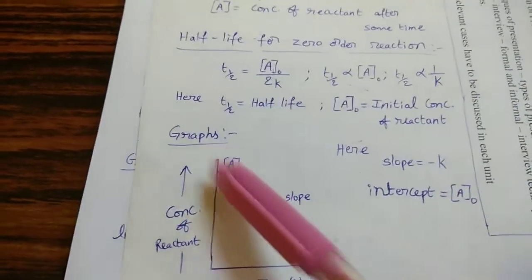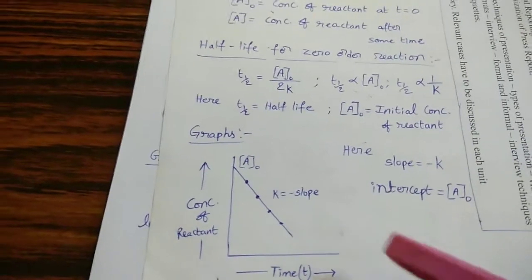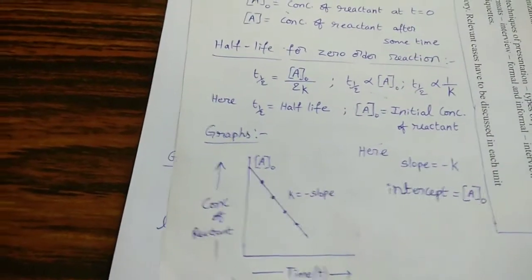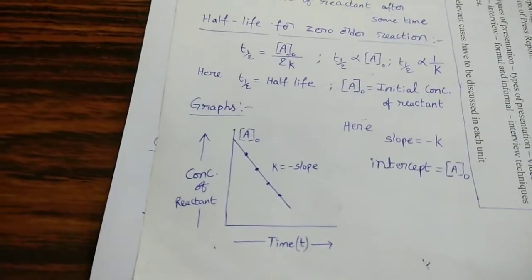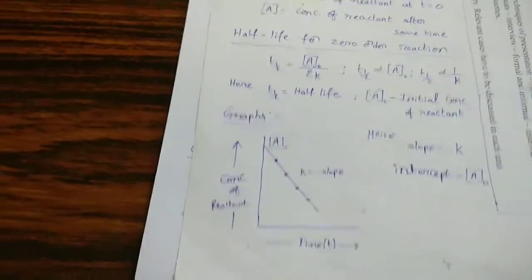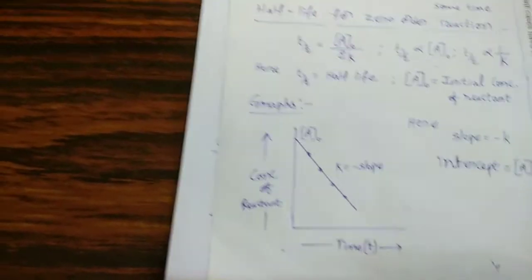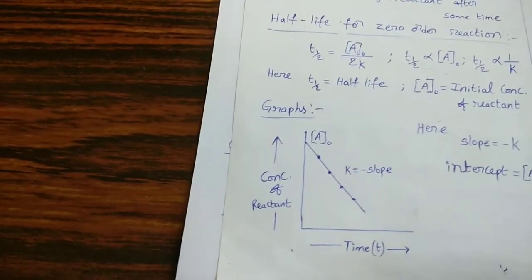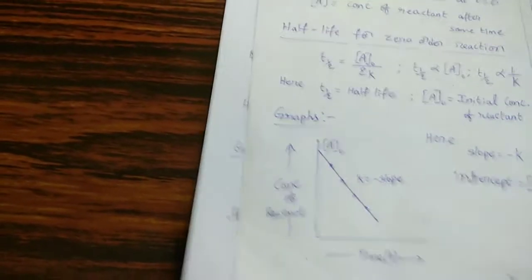If we get this type of line for the given data, then we can say the reaction follows zero order. Graphs are very important in multiple choice questions. A graph represents which order of reaction, and based on that we have to answer zero order, first order, second order, whatever it is.